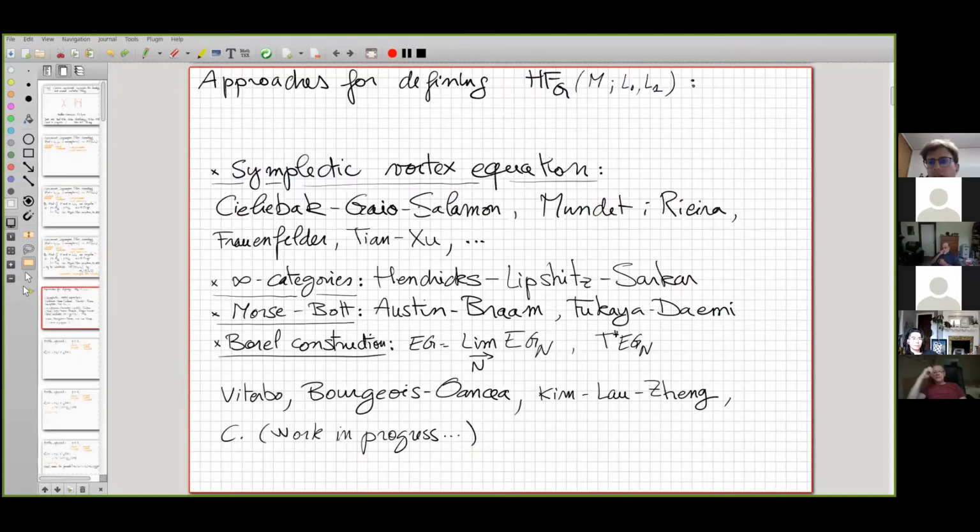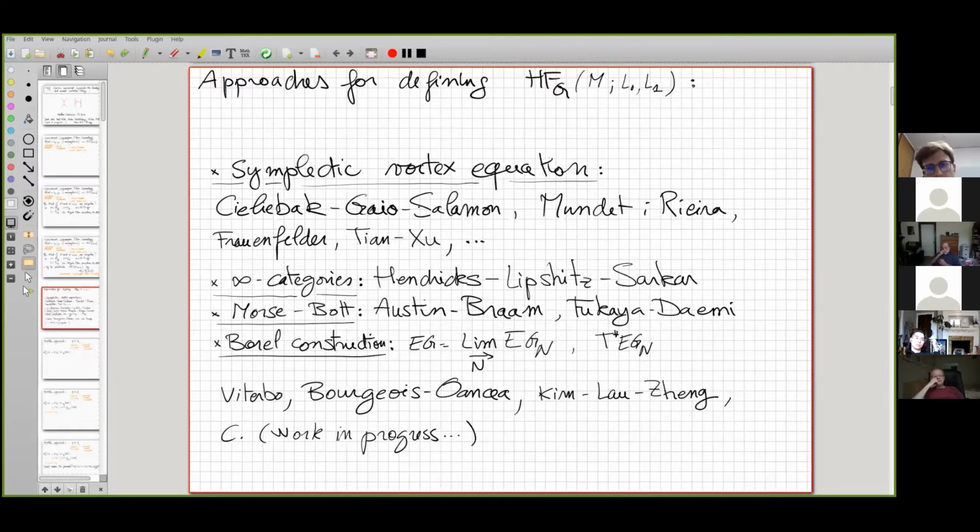Okay, so there are several constructions of such groups that have already appeared, and a lot of work by different people. For example, there is one approach that uses the symplectic vortex equation. Okay, so it's work by Cieliebak, Gaio, Salamon, and Mundet i Riera, and then work from Frauenfelder and others.